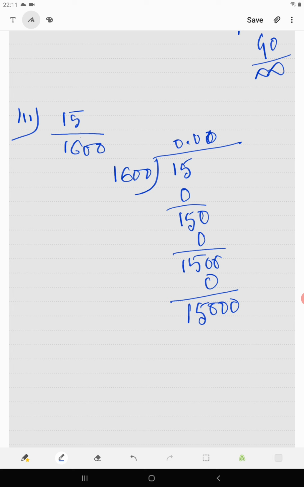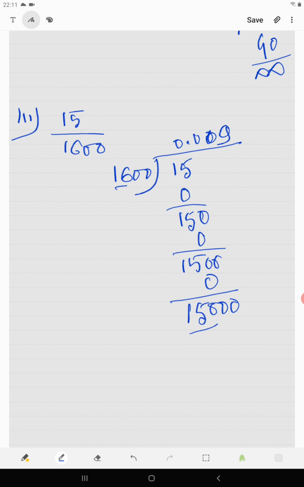Correct? I am talking about the 3 digit number, the first 3 digits, 150. So 16 9s are 144. We will go with 9, because 16 10s are 160, that is more than 150. So I will go with 16 9s. Of course 0 0 is there, but we are not considering it for the multiplication, to check where I should stop.